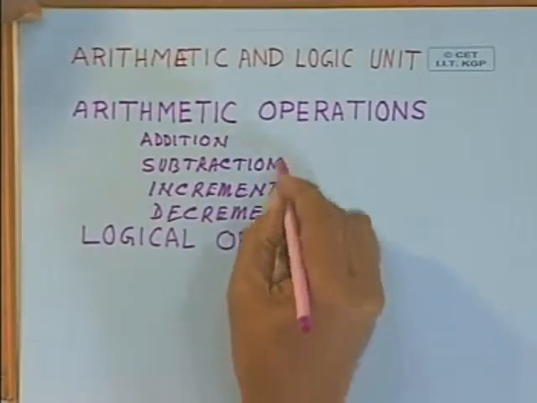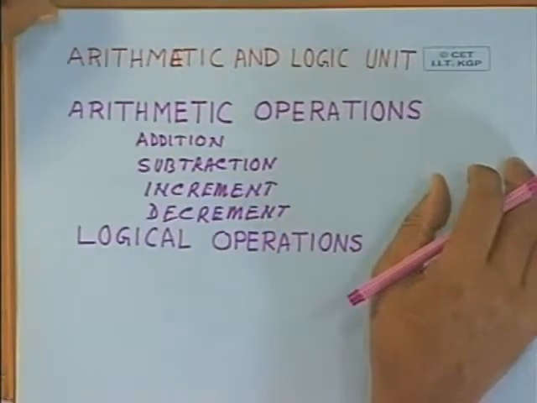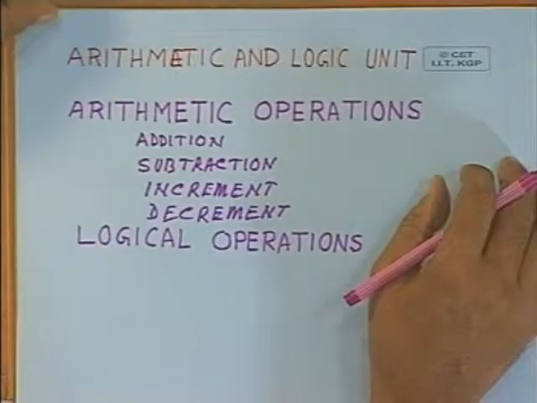These are the only arithmetic operations which are provided in 8085. Obviously, whenever you have to implement multiplication or division, you have to write a program. You have to implement it with the help of a software, and you will do it in your lab.